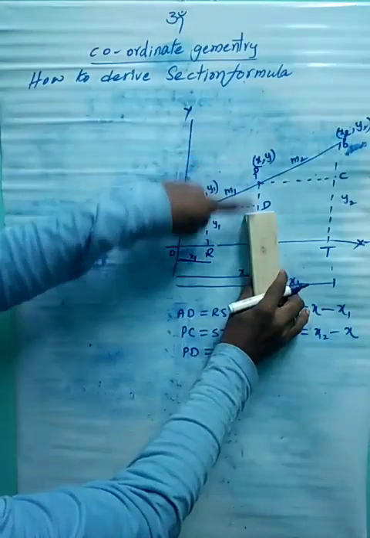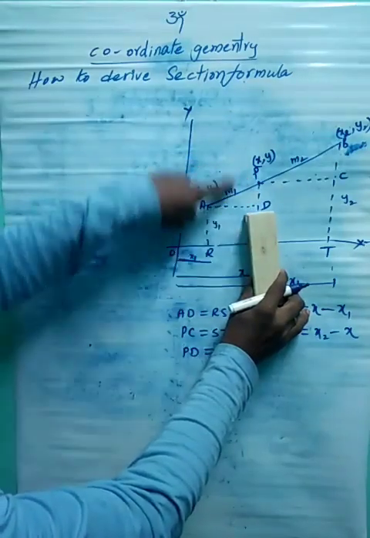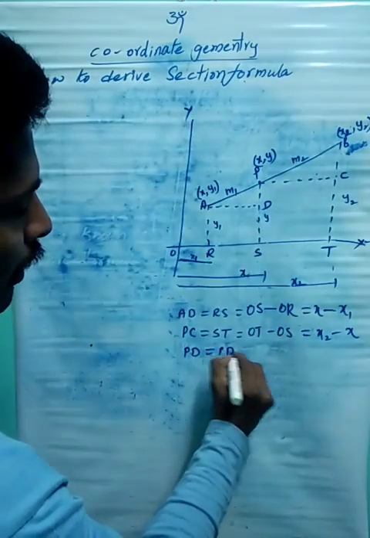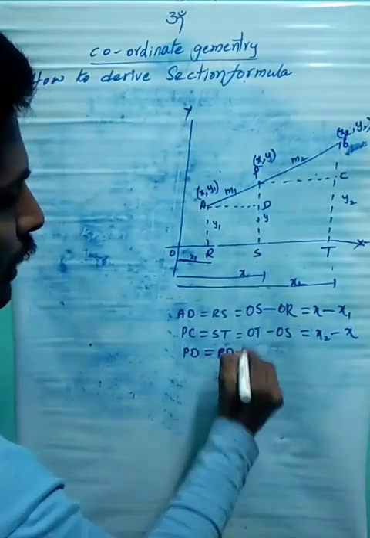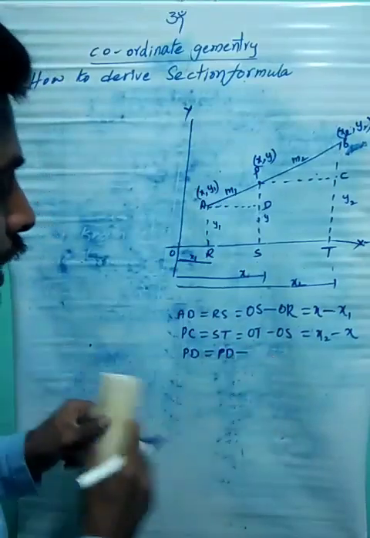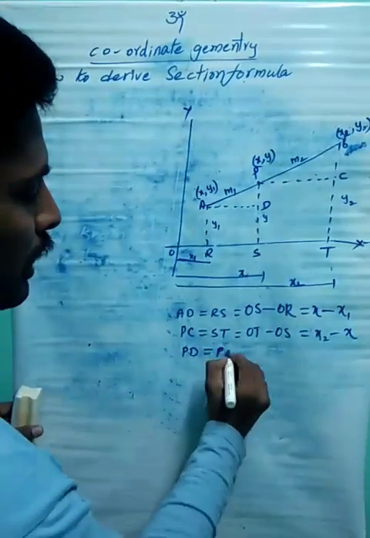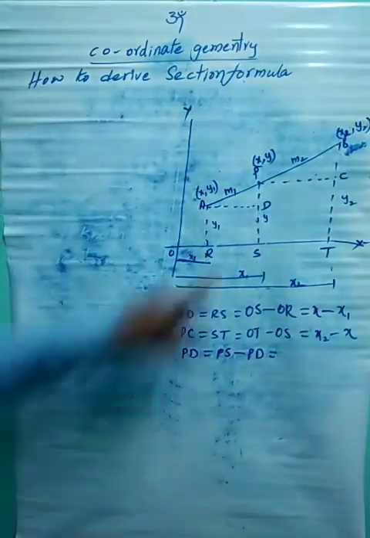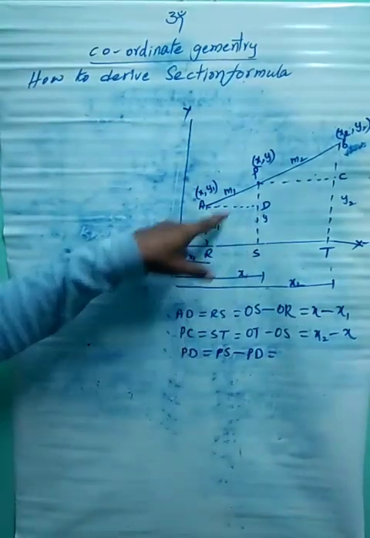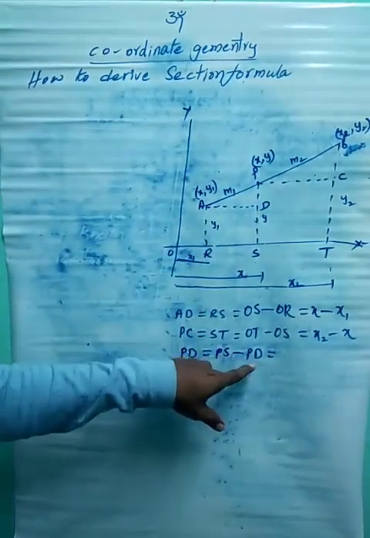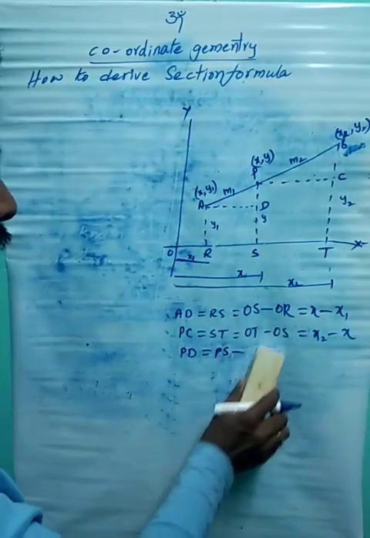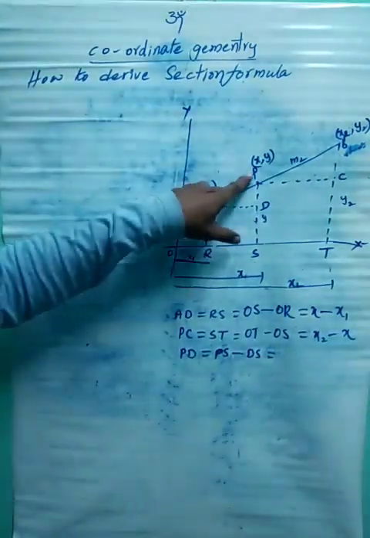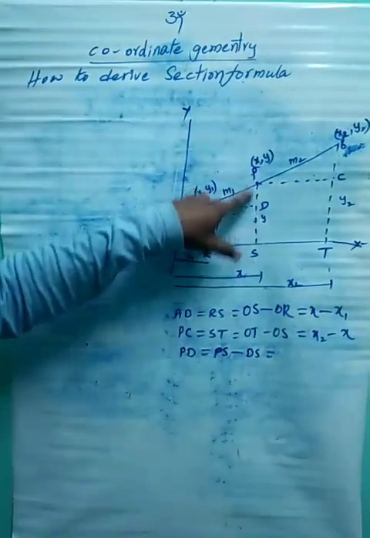So when you subtract DS from the total PS, you get the PD value.